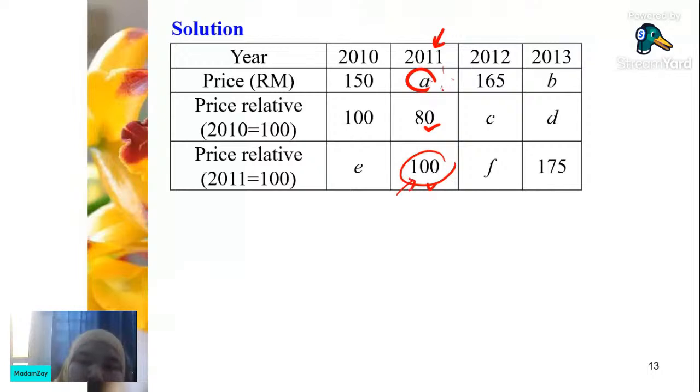So what we can do is use the price relative index in 2010. The price relative is equal to 80, so the formula is the price in 2011 divided by the base price, which is 150 in 2010, and then multiply by 100.